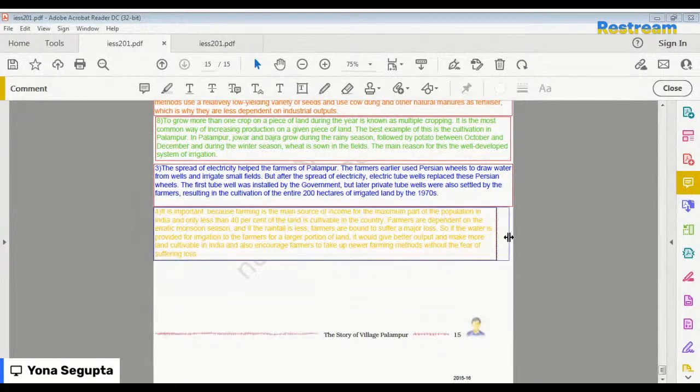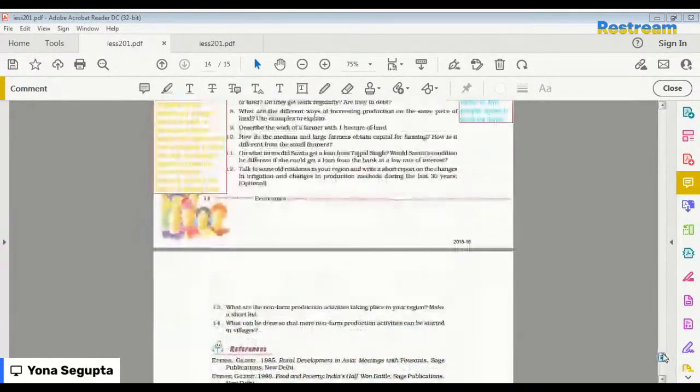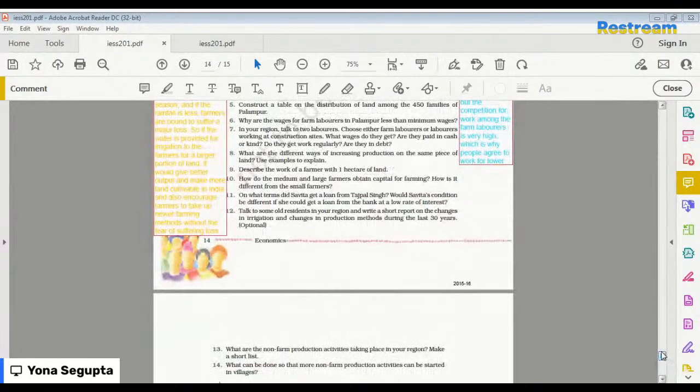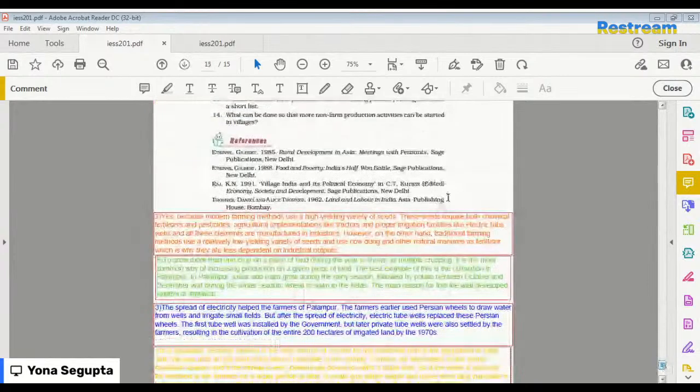After this, again, number 5, I have already shown you about constructing the table. Next, we will move on to number 6.